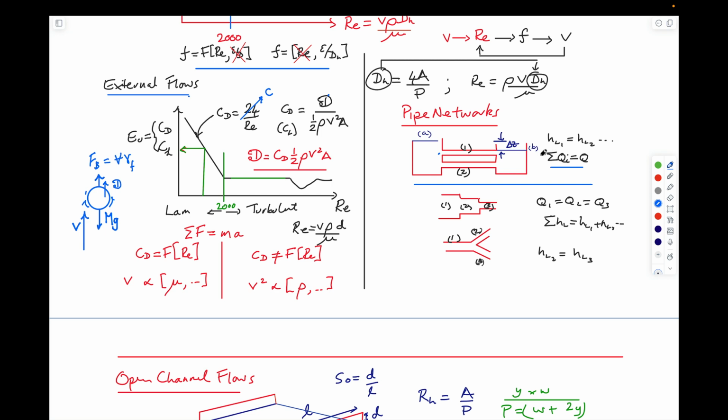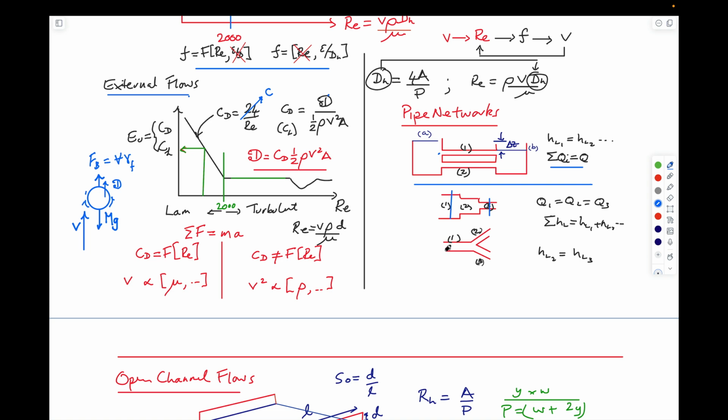These would have to be the same head losses in either case. For series arrangements, the volumetric flow rate across any section is the same. So Q1 and Q3 are the same, but the head losses are additive. They'd be smallest in the upstream wider part and largest in the downstream lower part.